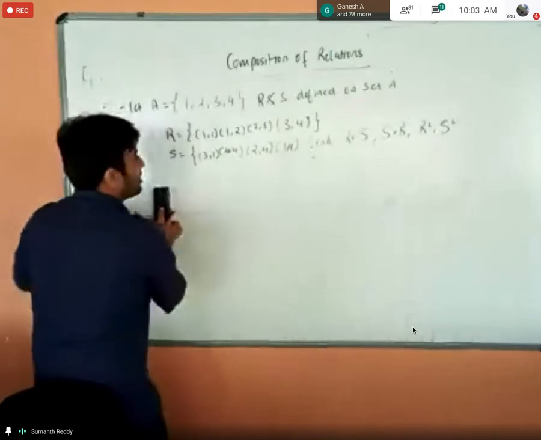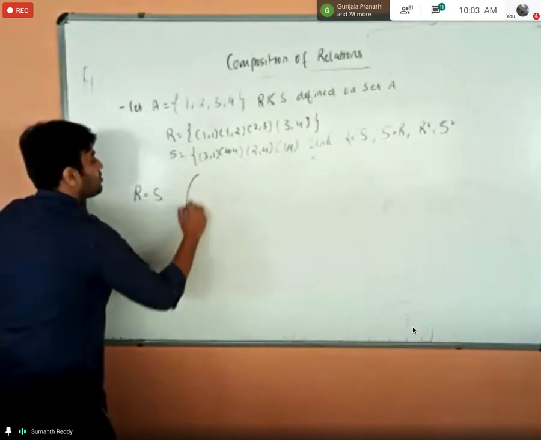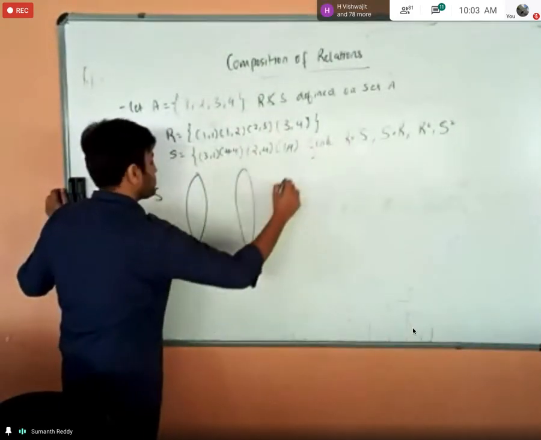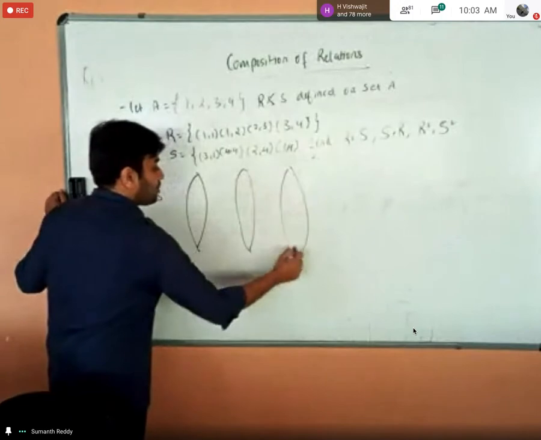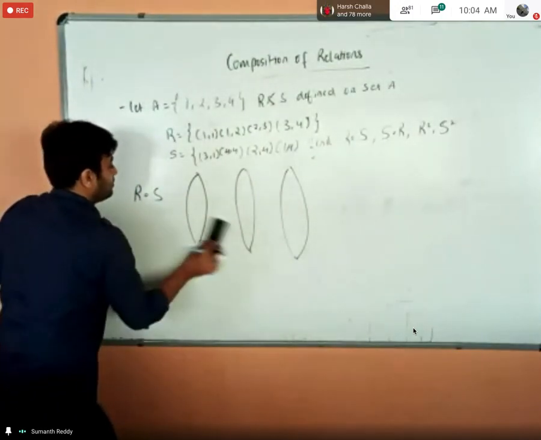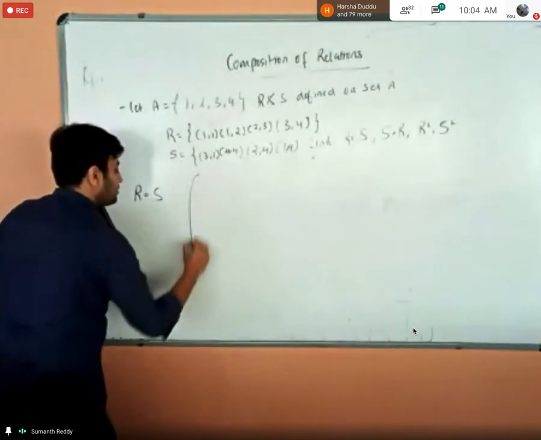Okay, so I'll solve the problems parallelly with you. So R composition of S, as you already know, R is a relation from set A to A itself, and S is also a relation from A to A. So now all the sets will be A only.